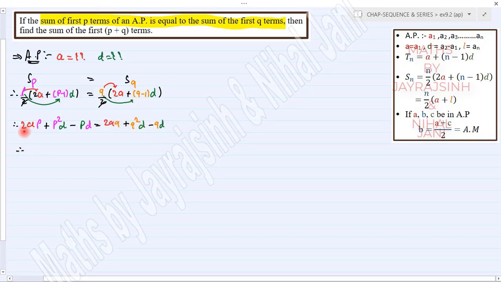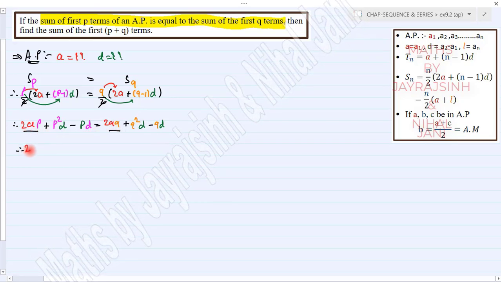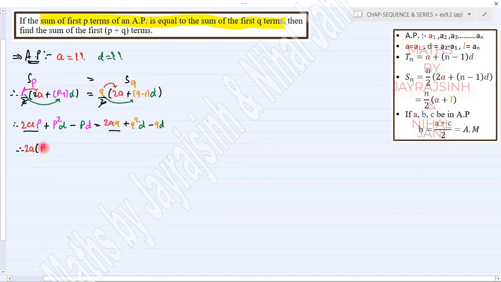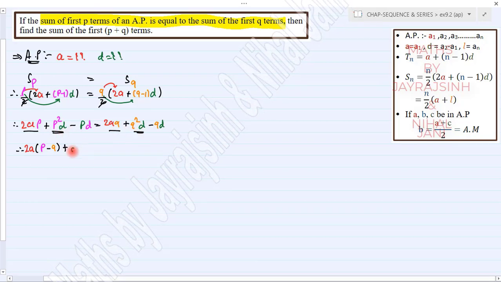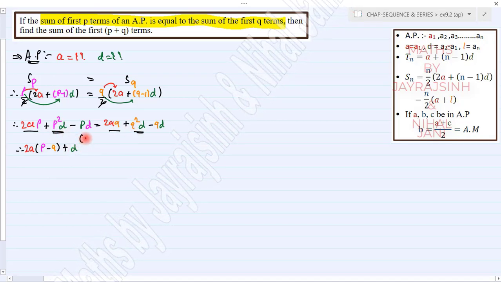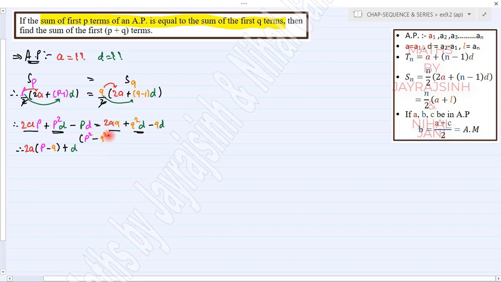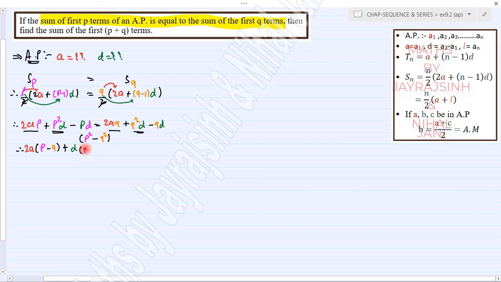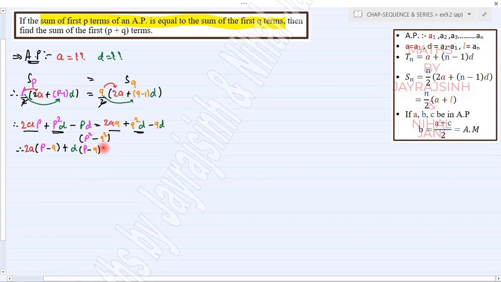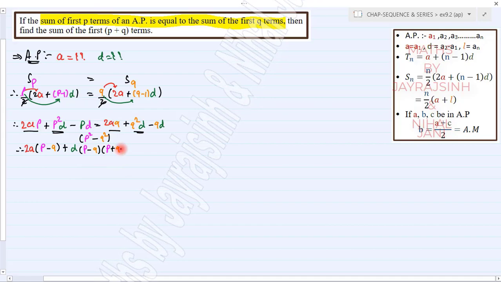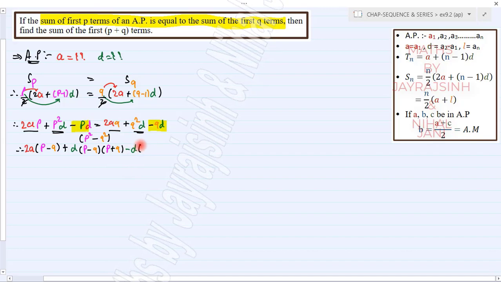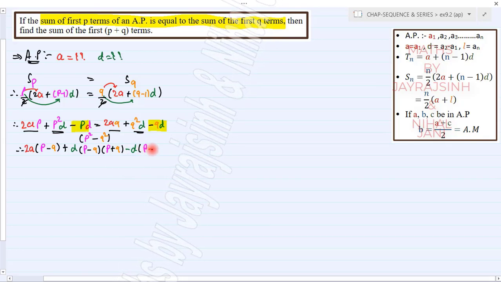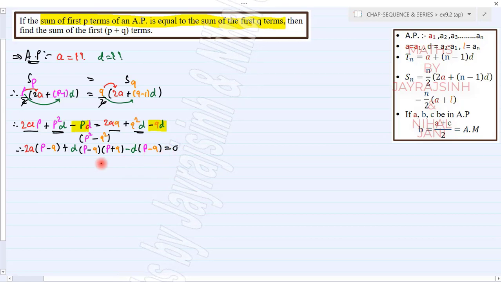Now let's take all the terms on the left side and collect the same terms. From the first term we can take 2a common, so we get p minus q. Then from the second terms we can take d common, so we get p square minus q square, which can be factorized into p minus q and p plus q. And from the last terms we can take minus d common, and we will get p minus q, equal to 0.